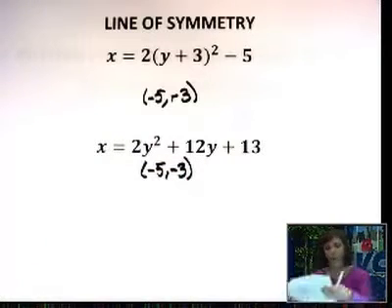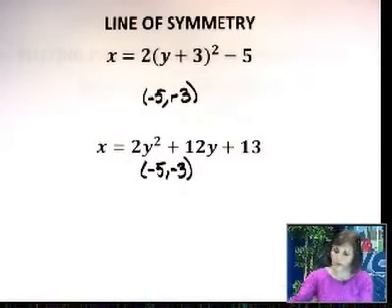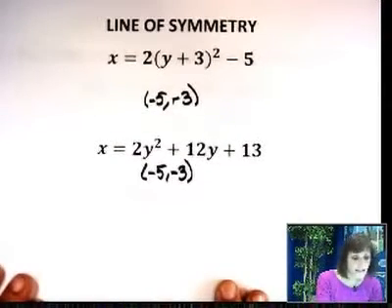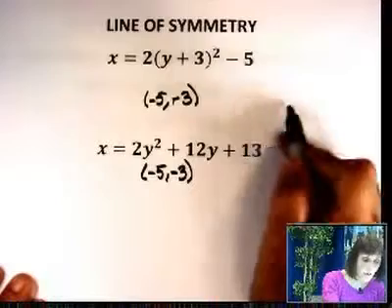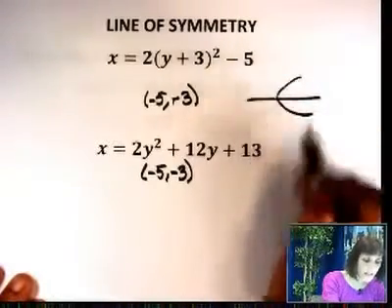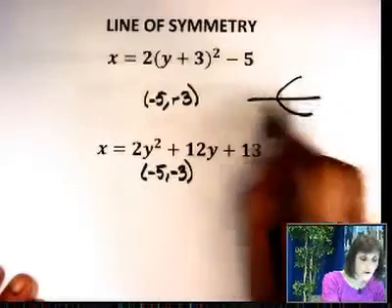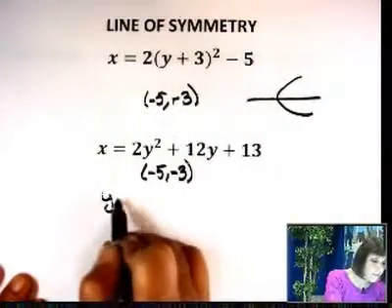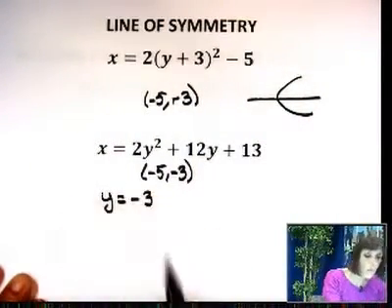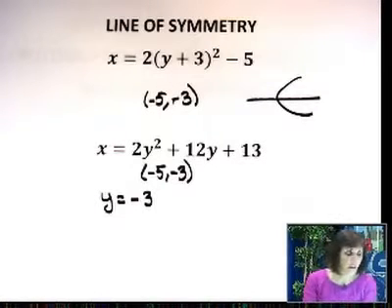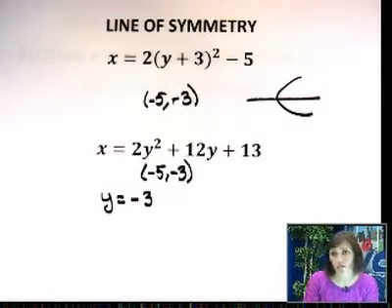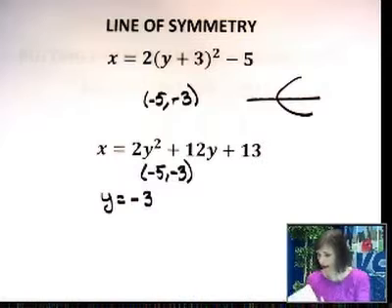So it didn't matter how I got my vertex. All right? And the line of symmetry, since this is opening sideways like that, the line of symmetry is going to be like that. So that means the line of symmetry is y equals -3, the y coordinate of your vertex. All right.